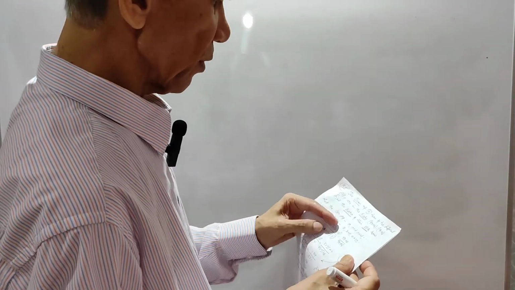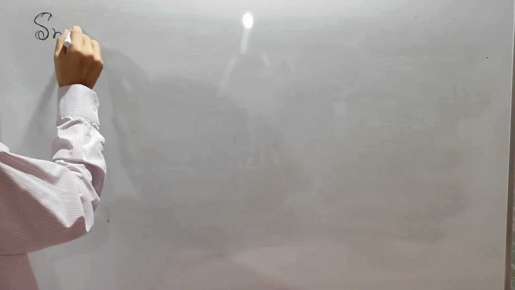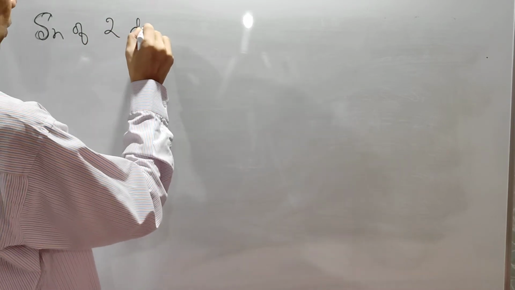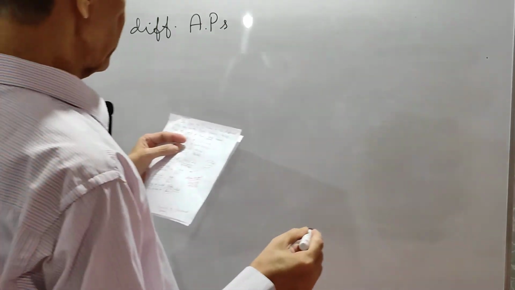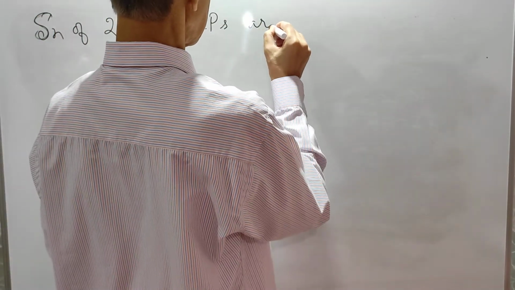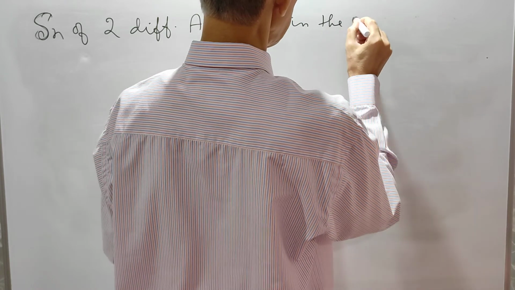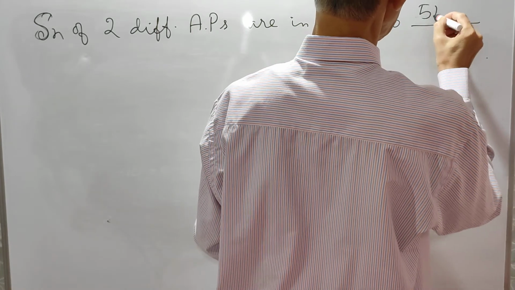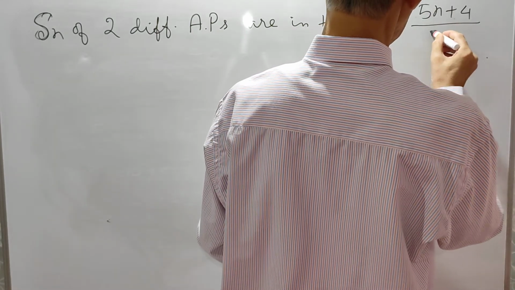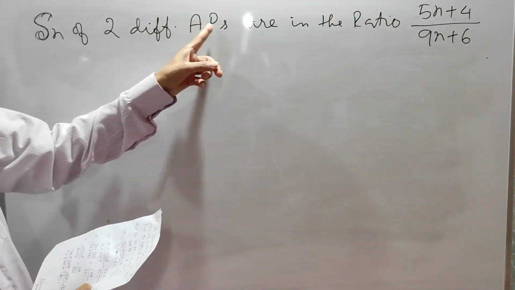The sum of n terms, Sn, of two different APs are in the ratio 5n plus 4 to 9n plus 6. So there are two different APs.